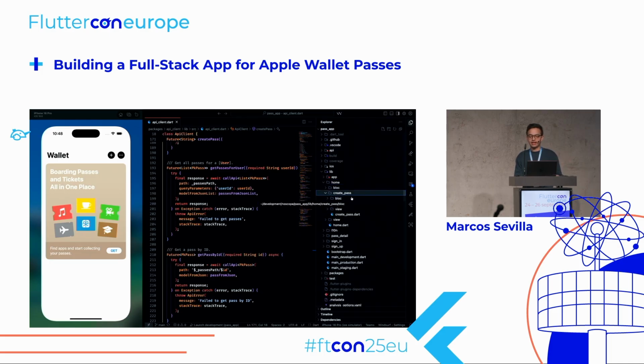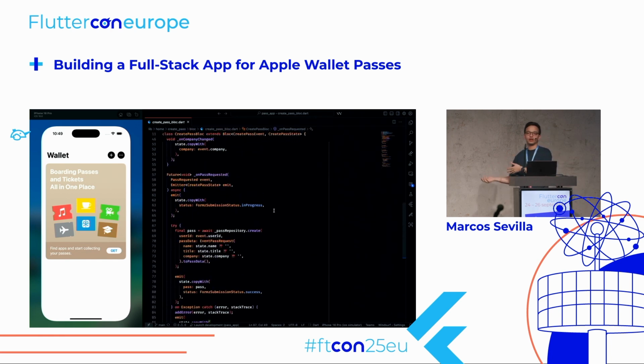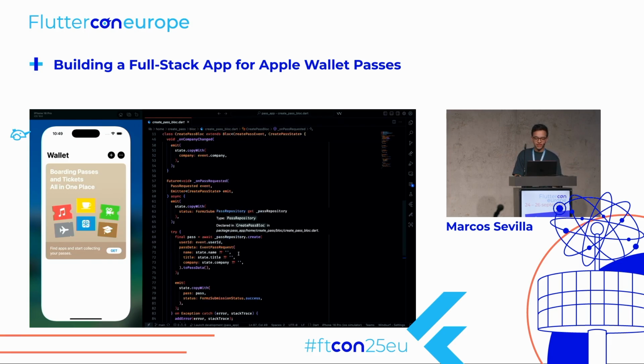What I have is a sub feature that I call create pass under my home feature, and this is going to be a bloc that is creating the pass and then calling the repository to pass all the requests, right? We're going to have that as a form. We're just going to fill out the fields from the form and then create the model based on that.